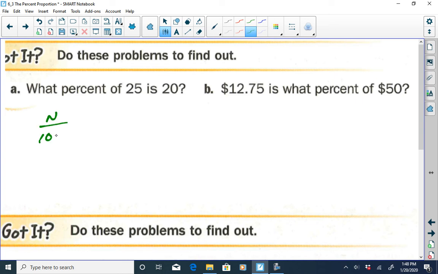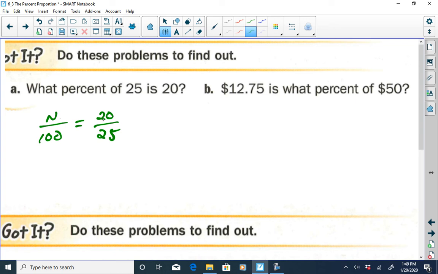So I know I'm going to have n over 100 because I'm looking for the amount out of 100 that is equal to what? What percent of 25, right? So that's our denominator, 25, and 20 is our numerator. Remember, in our percent question, whatever follows the word of, that's going to be the denominator of our ratio, or the whole, which represents the whole amount. The numerator of our ratio will follow the word is in our percent question.